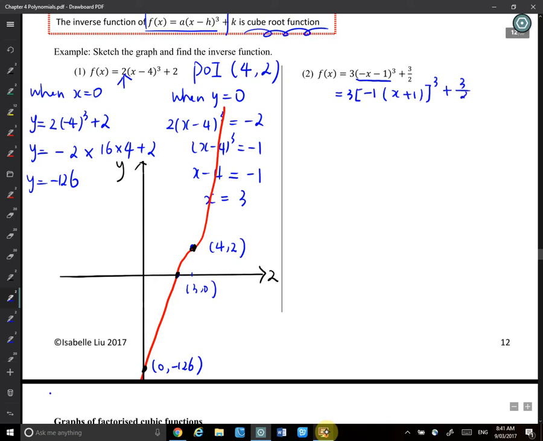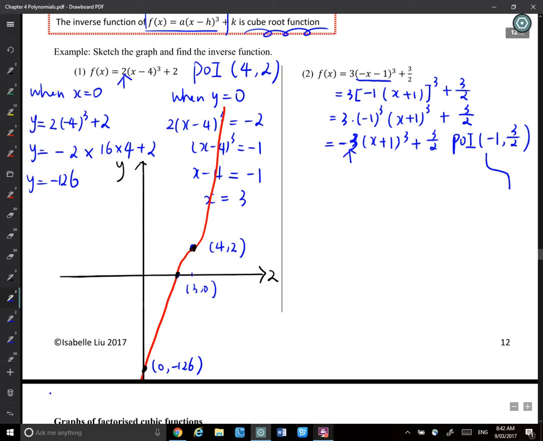That gives minus 3 times (x plus 1) cubed plus 3 on 2. So the point of inflection will be (minus 1, 3 on 2), and it's a decreasing shape because the a value is negative.